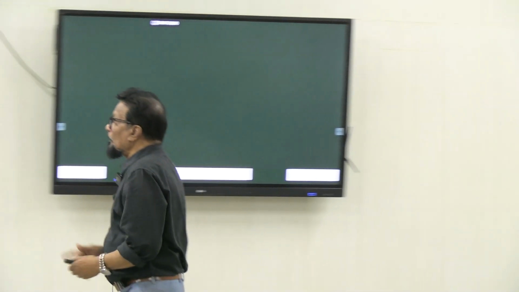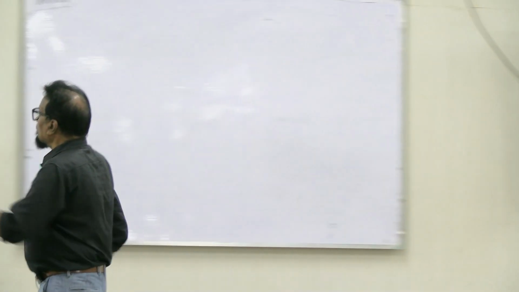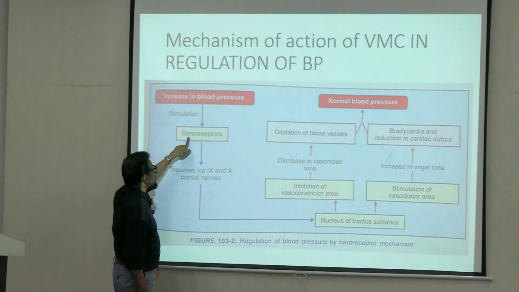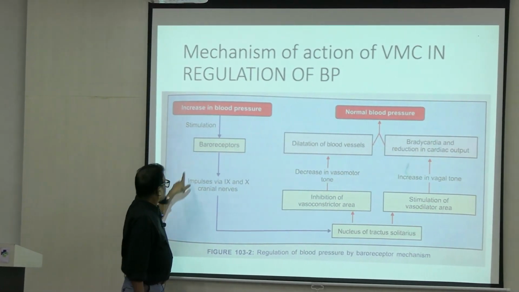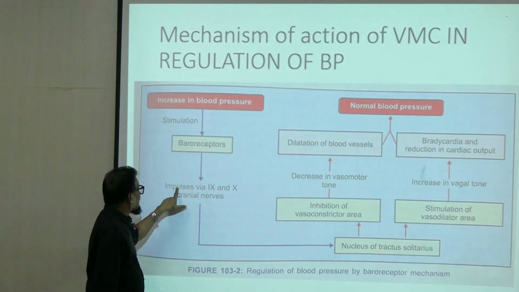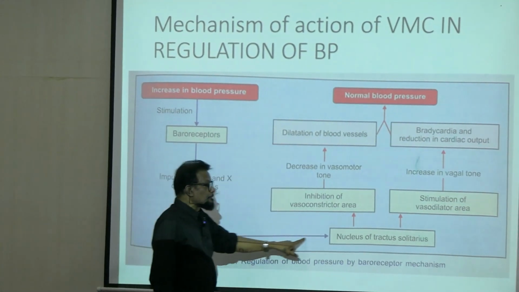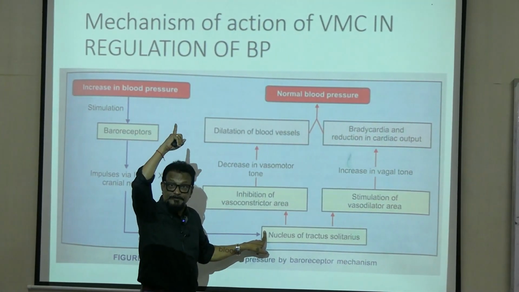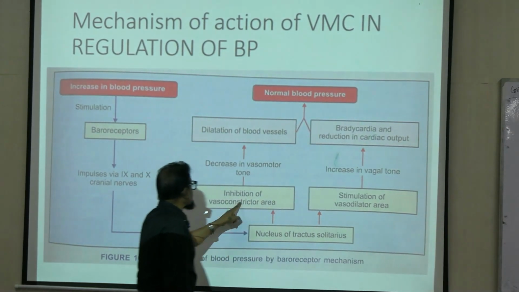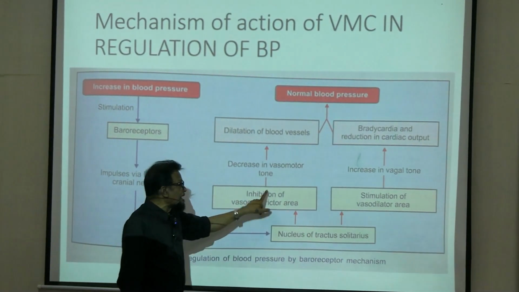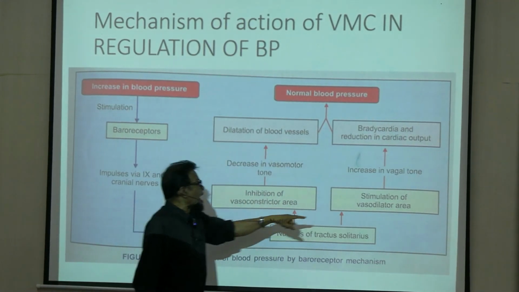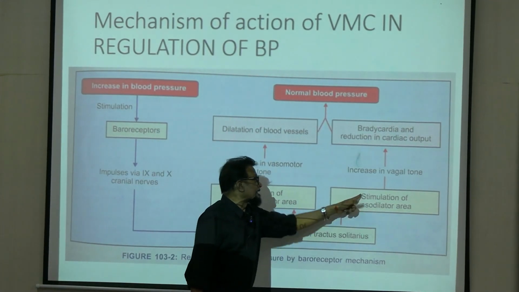Now see what happens. There is increased blood pressure, stimulation of the baroreceptors, and impulses via the 9th and 10th cranial nerves go to the nucleus tractus solitarius, NTS, and from here it causes inhibition of the vasoconstrictor area and stimulation of the vasodilator area.